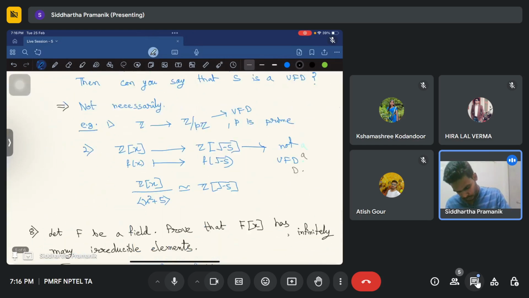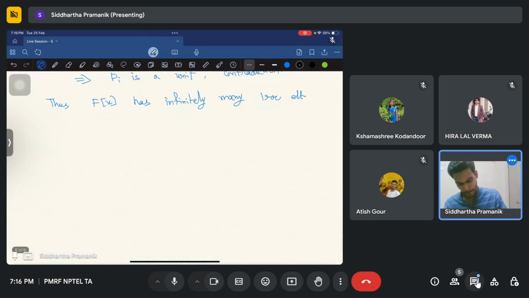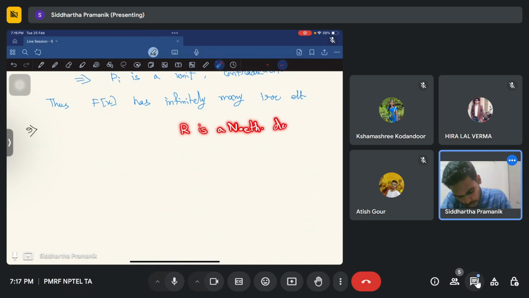Yeah, so problem number 9. Okay, so in the lectures we have seen that if R is a Noetherian domain, then every element has a factorization.